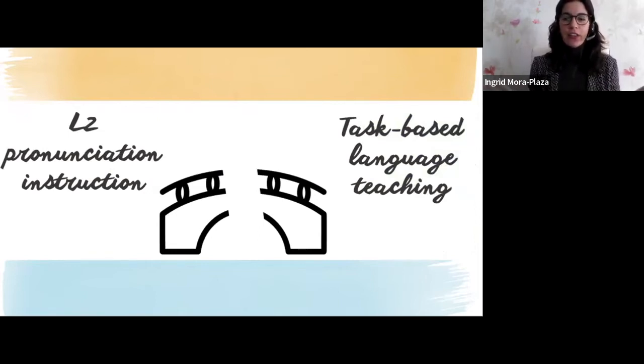So considering that learners attending to phonetic form through different instructional techniques actually leads to improvement in learners' oral abilities, only very recently, some researchers working from the TBLT perspective have tried to investigate whether tasks and task design could actually be used to encourage such attention to pronunciation within meaning-based interaction.